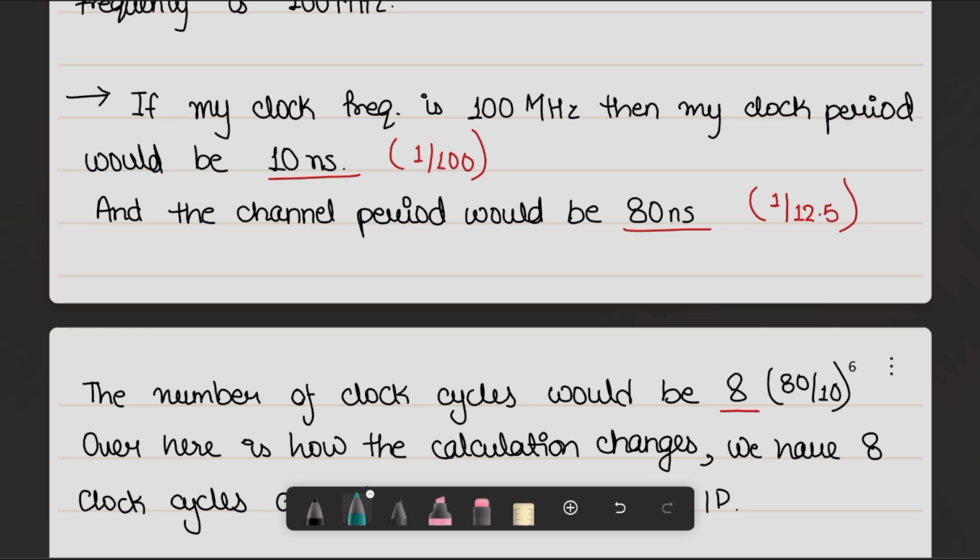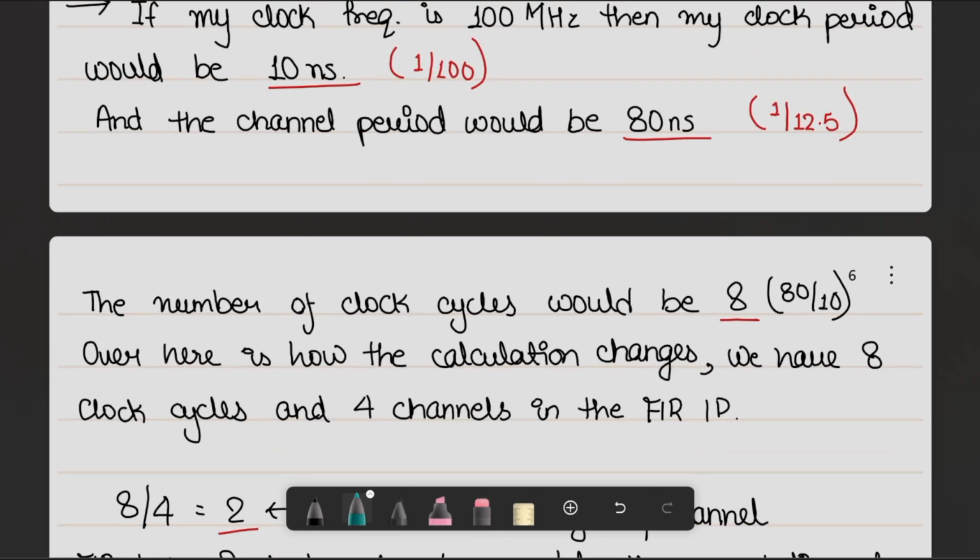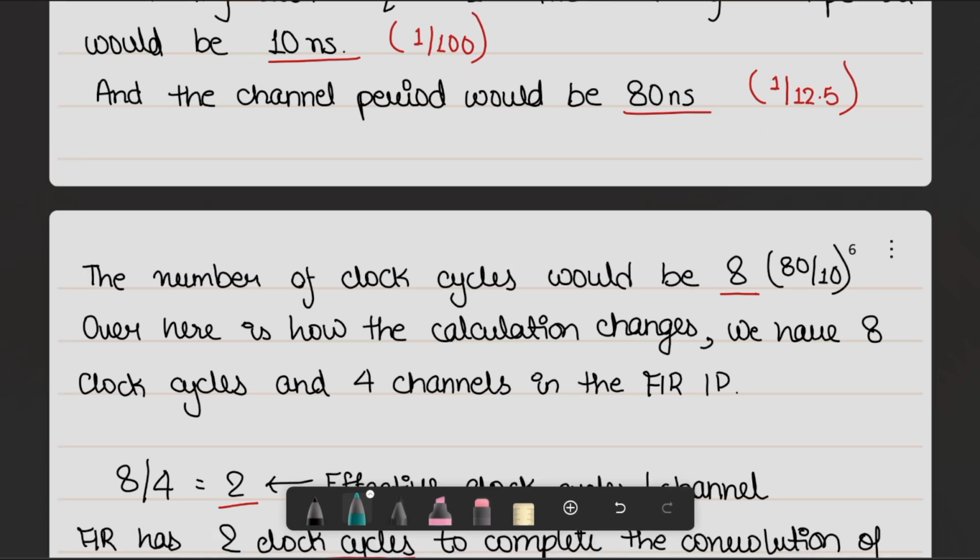If my clock frequency is 100 MHz, then my clock period turns out to be 10 nanoseconds, and the channel period turns out to be 80 nanoseconds.